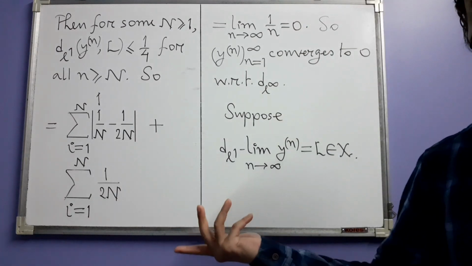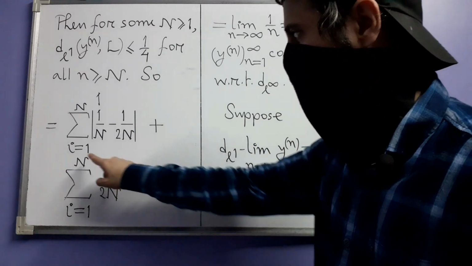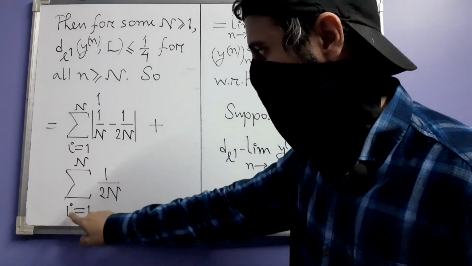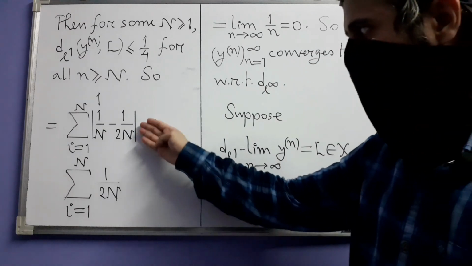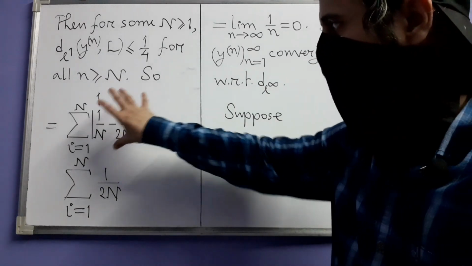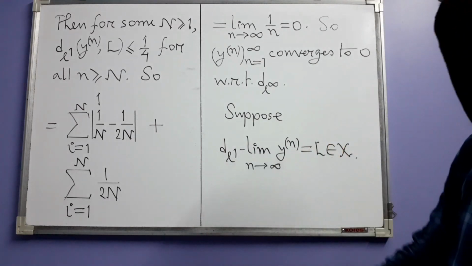It's a simple thing to see. Actually, the index of summation in both the sums is i, but we do not see any i here because everything is constant. It does not really depend on i.